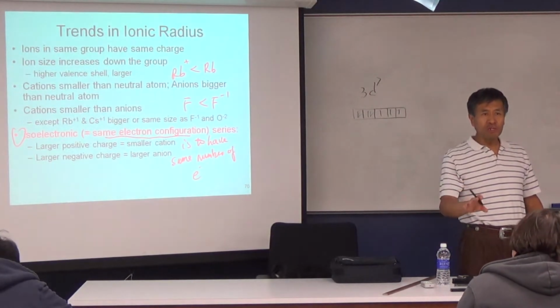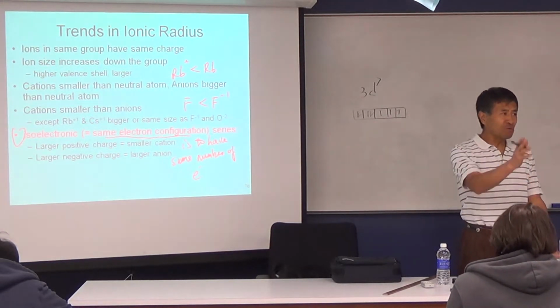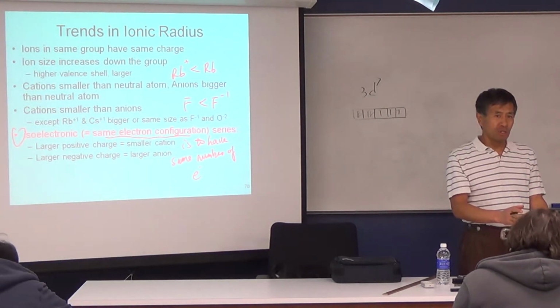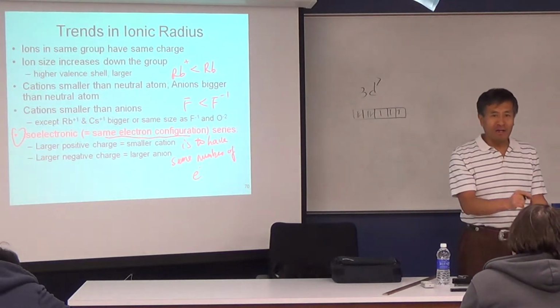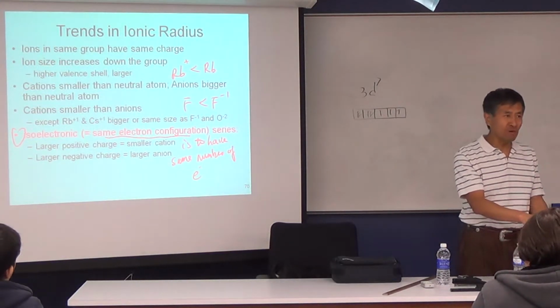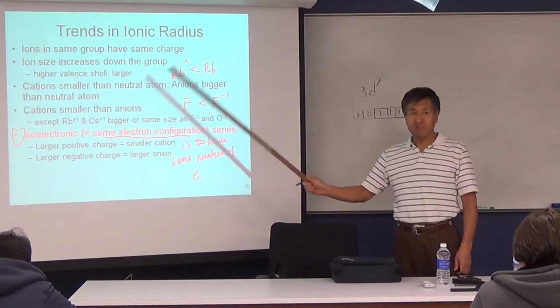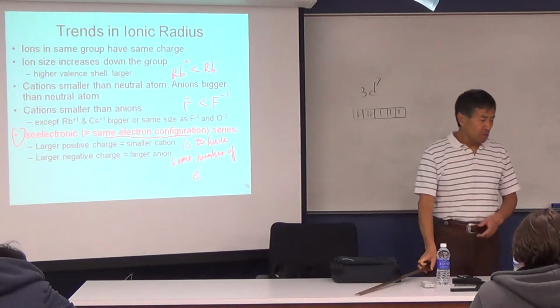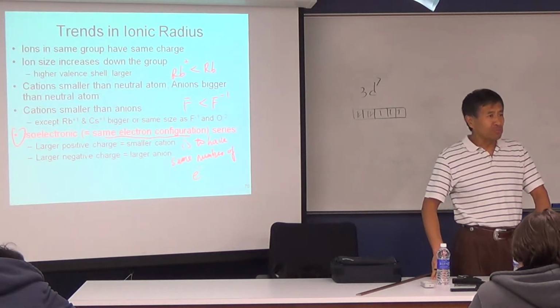If I give you three species, and they are not in the same group, not like calcium and calcium 2 plus, which comes from calcium, then those previous patterns you cannot use to decide. So what you do is check how many electrons they have.